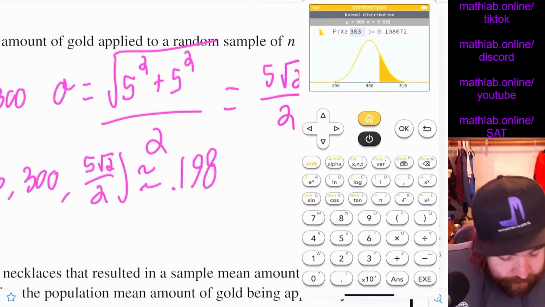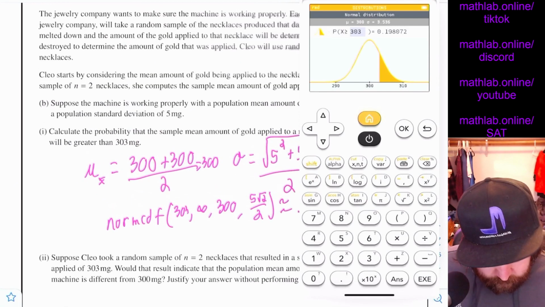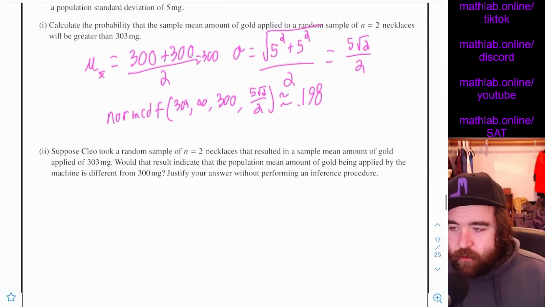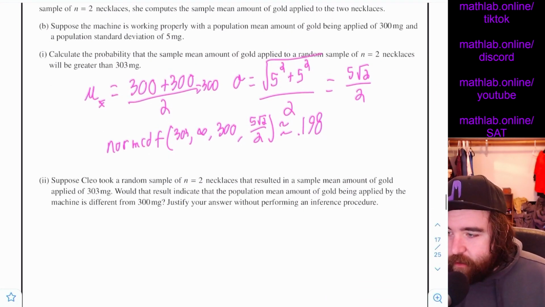I guess that's fair. 5 is a large standard deviation, I mean, it's not because we're at 300, I guess.